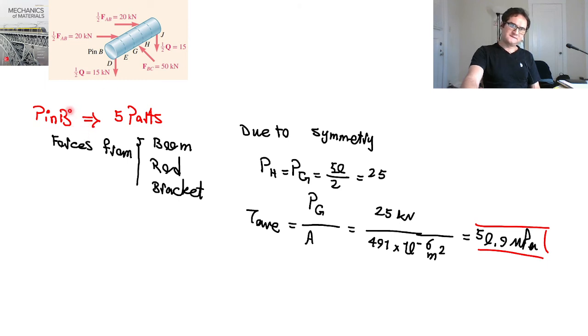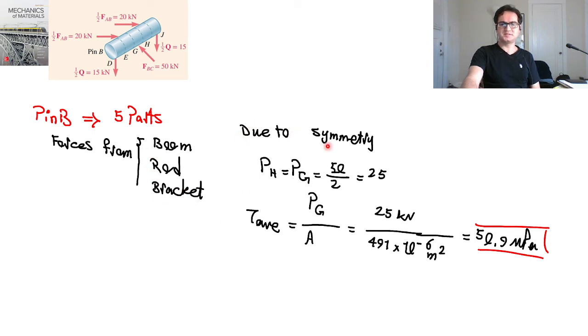Let's have a closer look at pin B. The pin at B can be divided into five parts based on the forces acting on it from the boom, rod, and bracket itself.